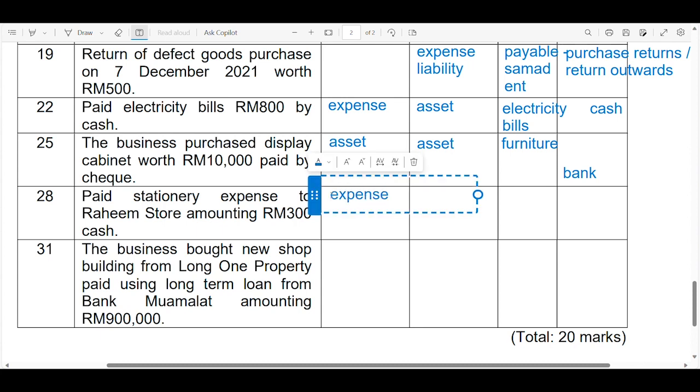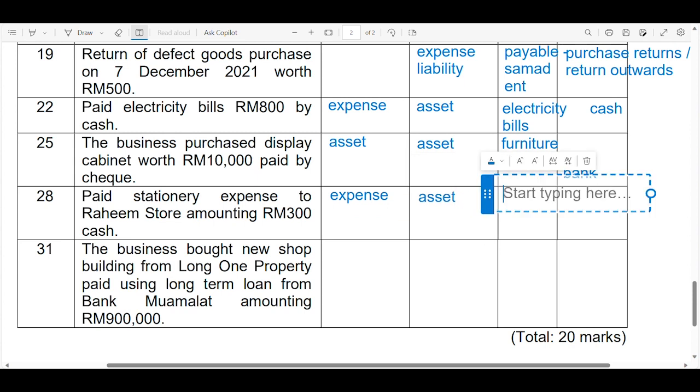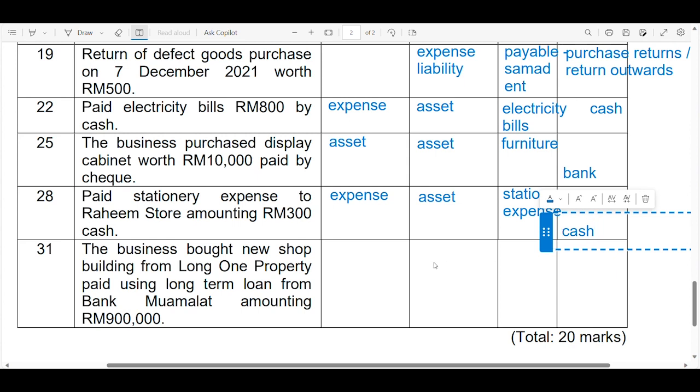The business pays by cash, so decrease in asset. Increase in expense, you debit expense account, stationery expense. Paid by cash, decrease in asset, you credit asset account, cash.